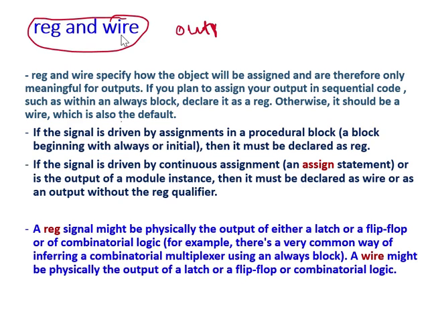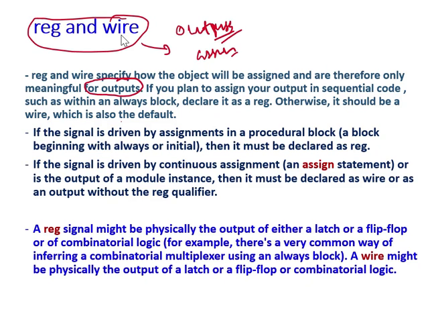It is not for the inputs, because reg and wire is used for assigning purposes, right? You are assigning some variables from right to left. Okay, so it is meaningful. First thing that you have to remember is it is meaningful for the outputs, and not for the inputs.